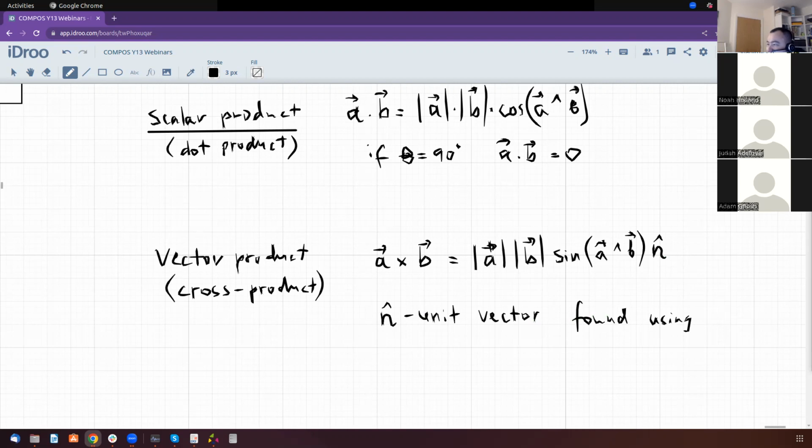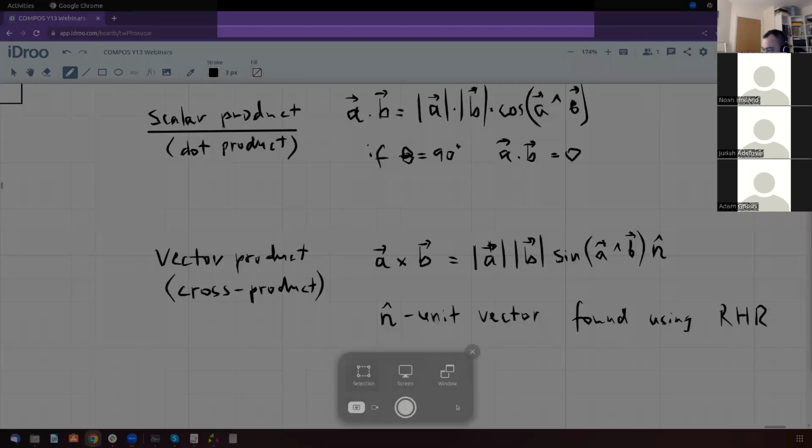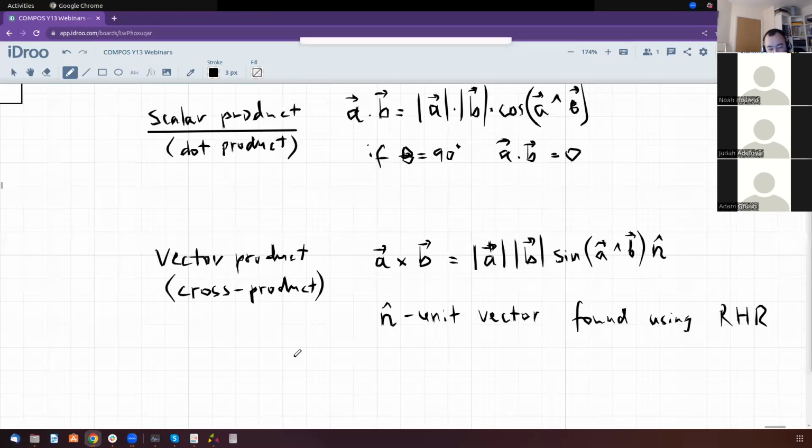I usually forget if it's the right-hand rule or the left-hand rule. It's using the right-hand rule. So this is the right-hand rule.